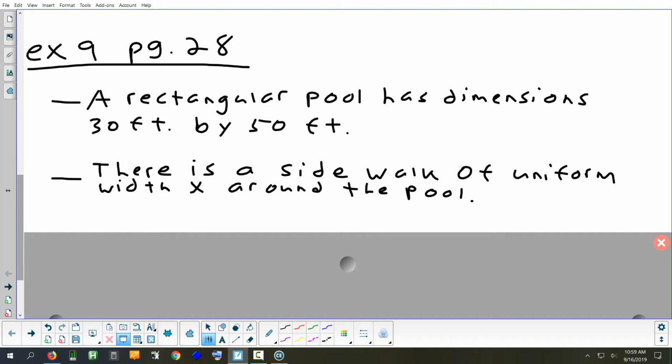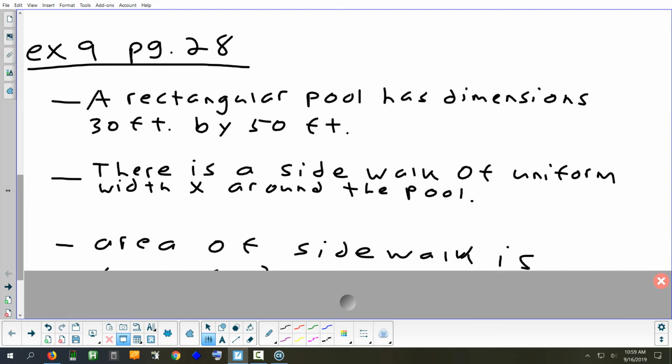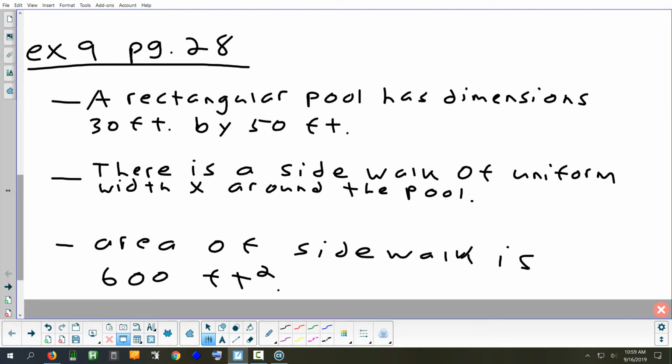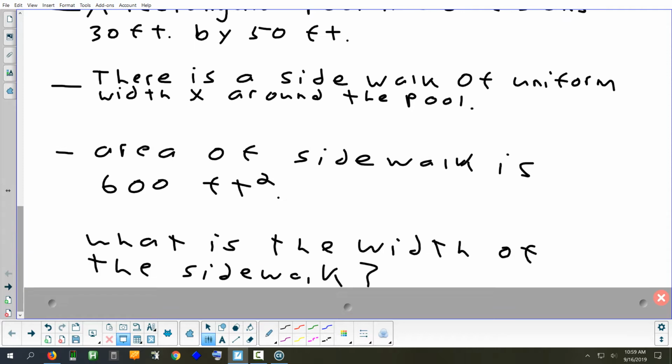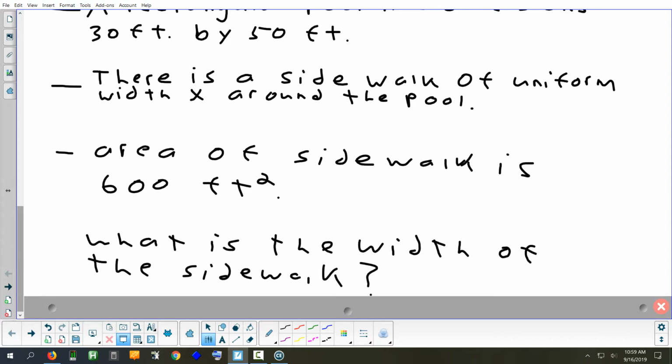Okay, so even though we don't know what the width is, they tell us that the area of the sidewalk is going to be 600 square feet. So knowing the dimensions of the pool and knowing the area of the sidewalk, we can figure out the width of the sidewalk.